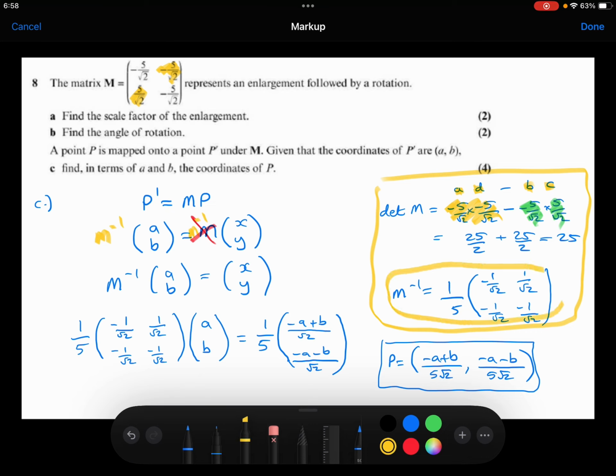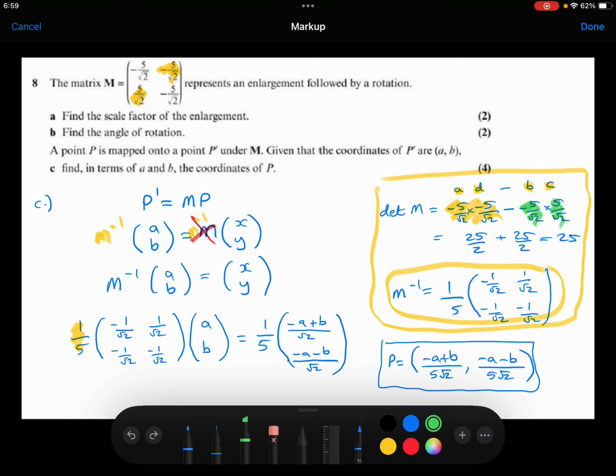And this is now the inverse matrix that I've used here, which when multiplied by the point AB, so I've just kept the 1/5 at the front, this times this, plus this times this, and then this times this, plus this times this, and there we go.